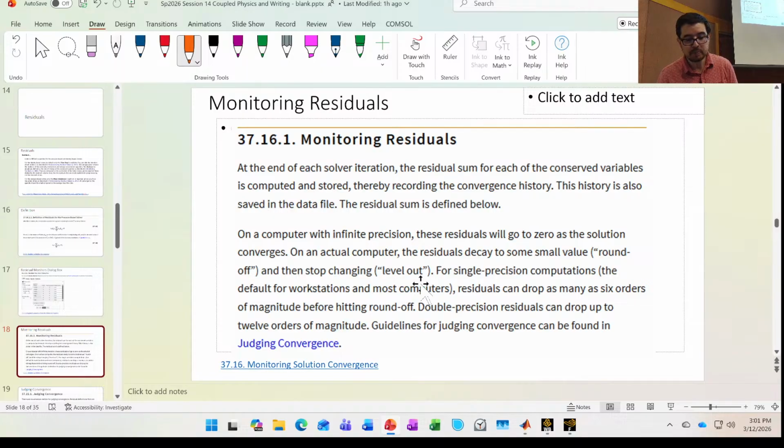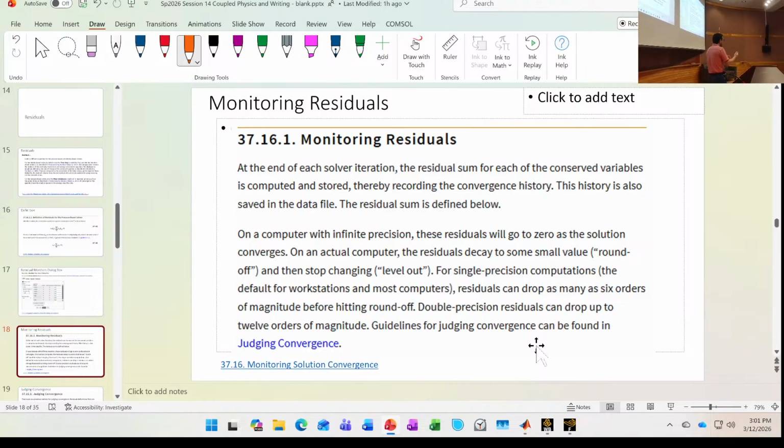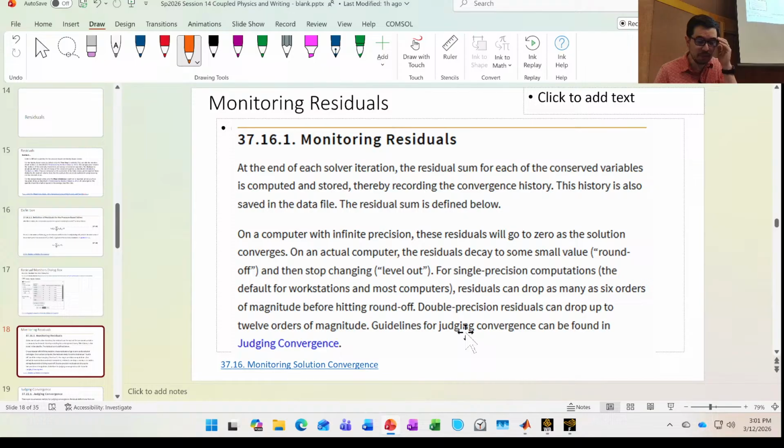For single precision, so you might not have been looking, but when I opened up, for now, I was using single precision. Later, we'll use double precision, and we'll use more cores. But for single precision, these values of 10 to the minus 3 are just fine. And then maybe you might go down to 10 to the minus 6.